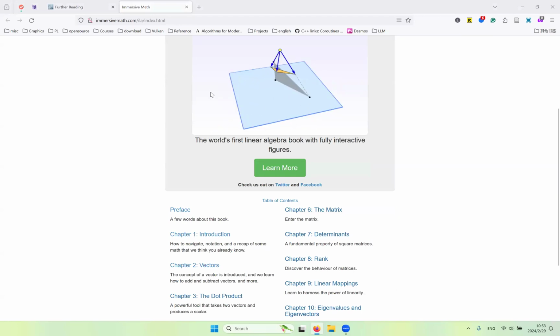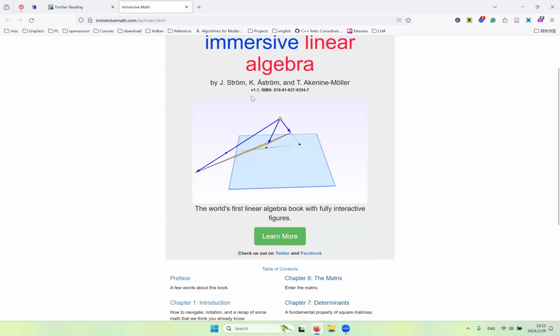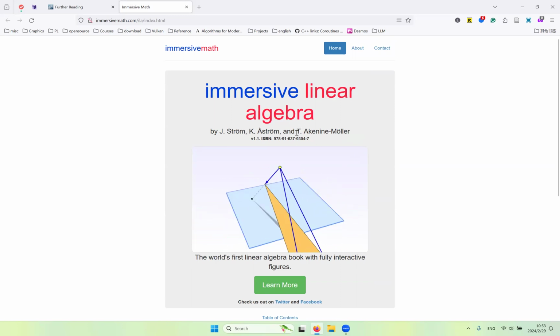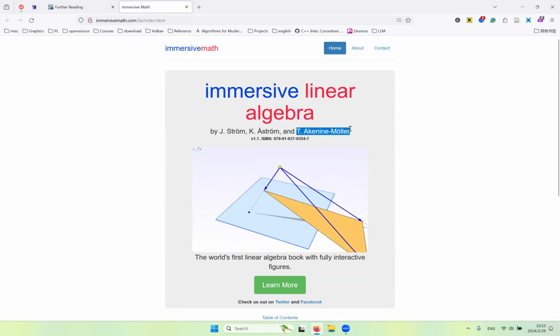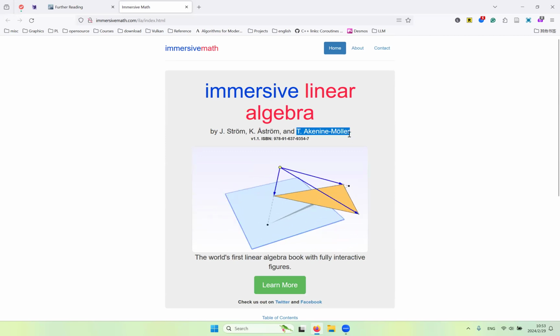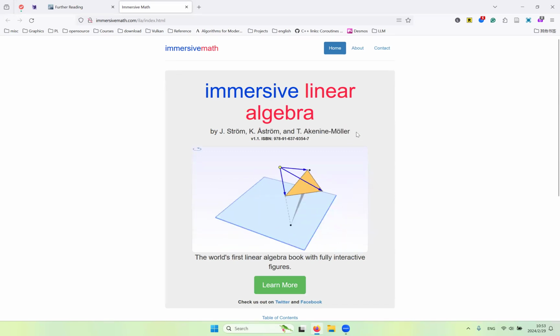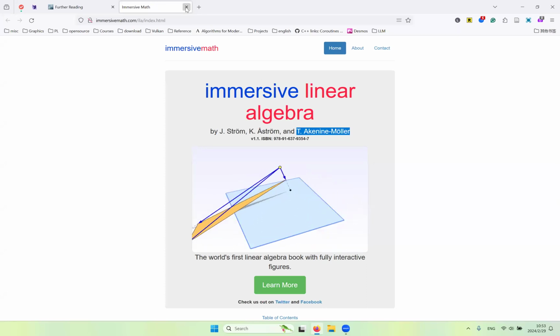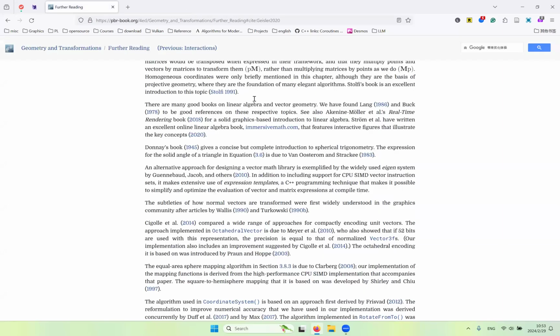I do like that it has Möller's name in it, who is known for the Möller-Trumbore ray-triangle intersection algorithm. Is this the same person? I would think so, but I could be wrong. I think it is the same. Wow. Let's see. Möller-Trumbore is named for Tomas Möller.